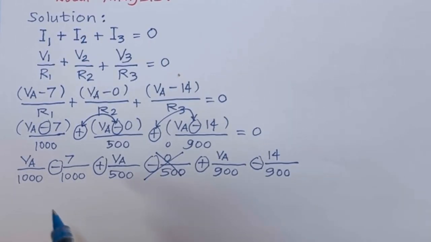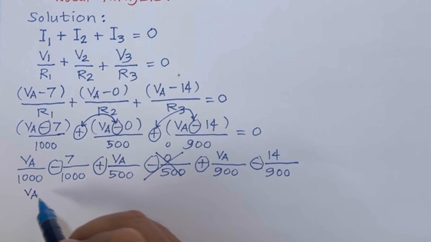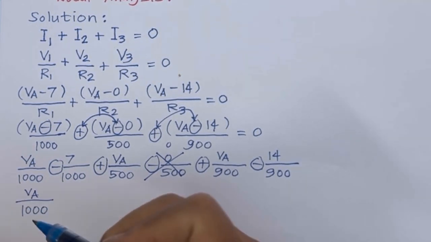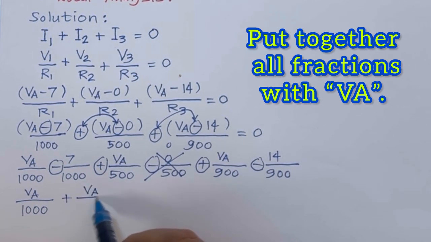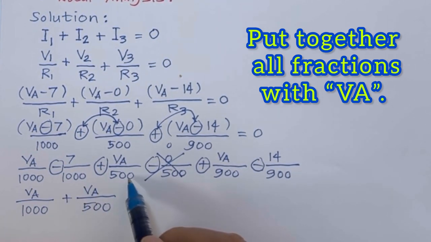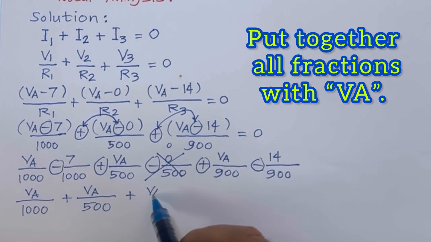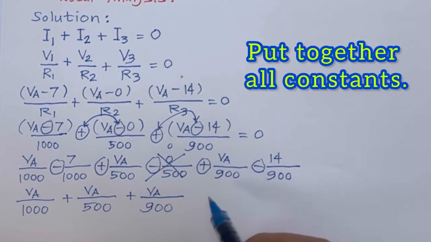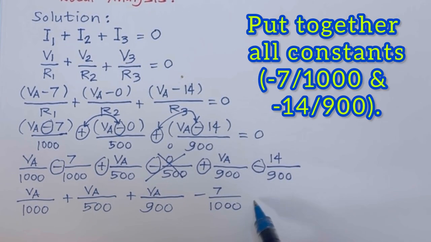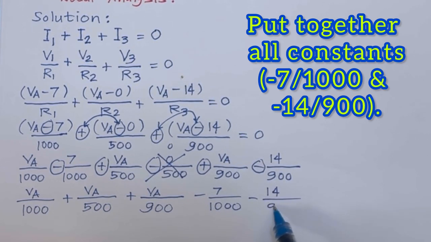Then we have VA over 1000, and we put together all fractions that have VA, which will be over 1000, over 500, and over 900. And also the constants of negative 7 over 1000 and negative 14 over 900, we will put them together as well.